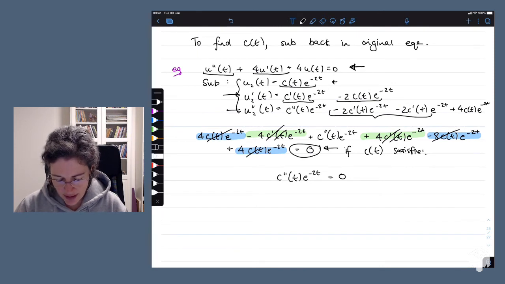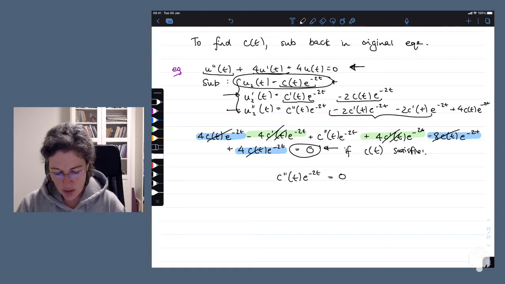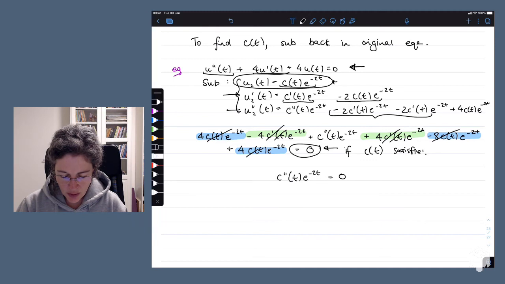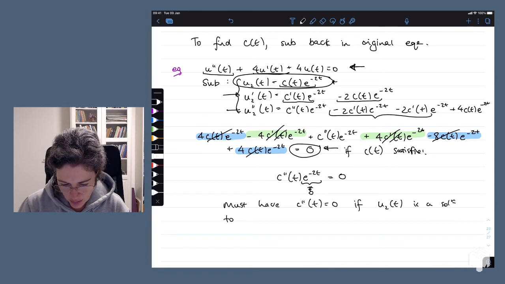And in fact, if u2 is going to be a solution, then we can conclude, because this bit is never ever equal to 0, that we must have c double prime of t equal to 0 if u2 of t is a solution to our original differential equation, which I'm going to label star here.